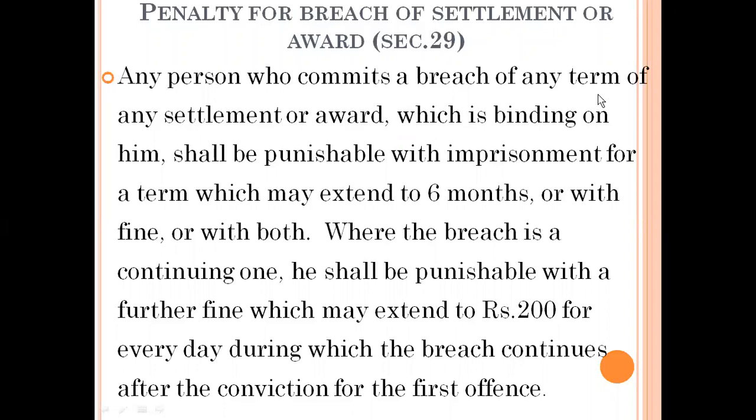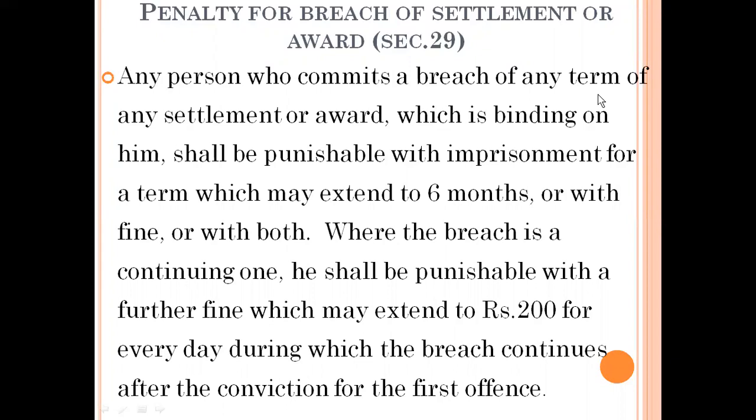So in case any person in a settlement or award commits a breach of the terms of the settlement or the award, he shall be punishable with imprisonment for a period of 6 months, or with fine, or with both.